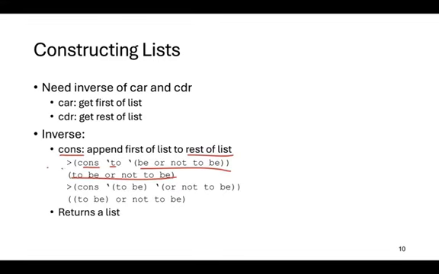And it returns a list, as you can see here. If we give it to be as the first part we want to append to the list, you're going to notice here it appended it as a list. So whatever you give it, if you give it a list to add, it's going to treat it as a list and add it as the first element here.